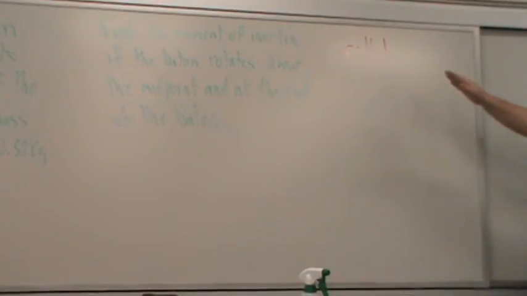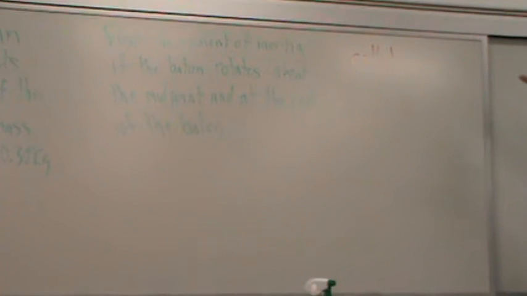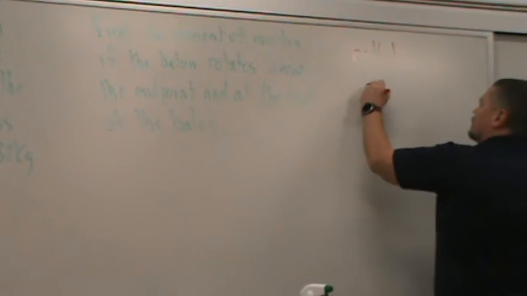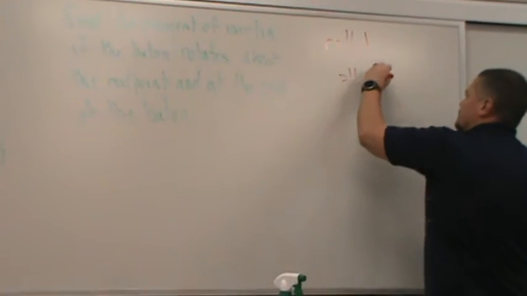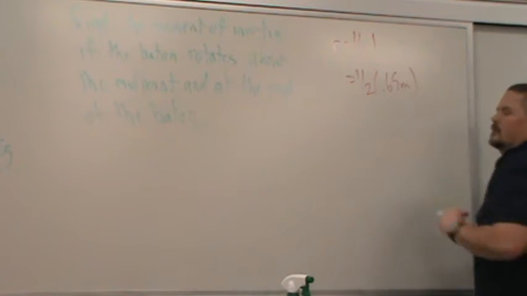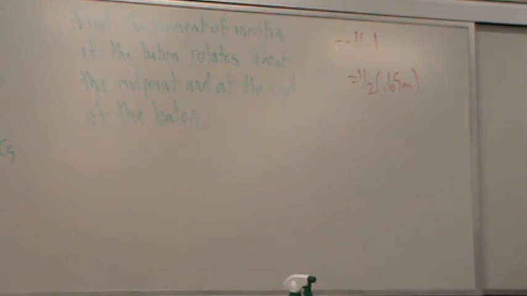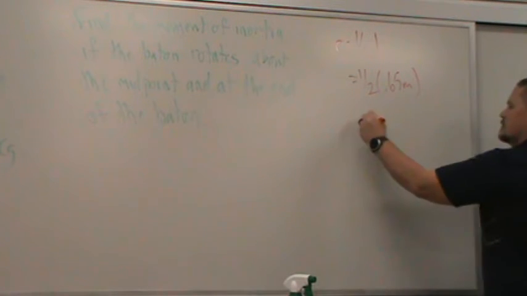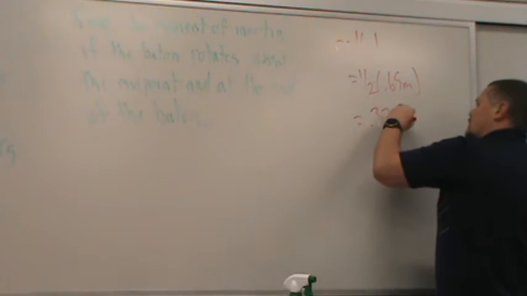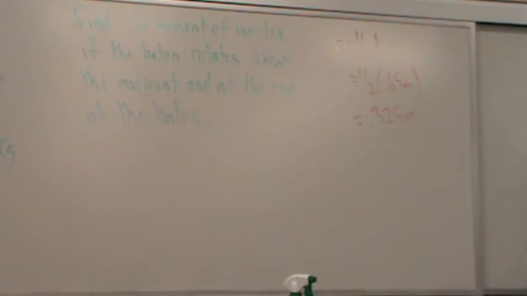To find our R, we're going to take 1/2 of the length of the baton. So 1/2 times 0.65 meters. 0.65 divided by 2 is 0.325 meters.